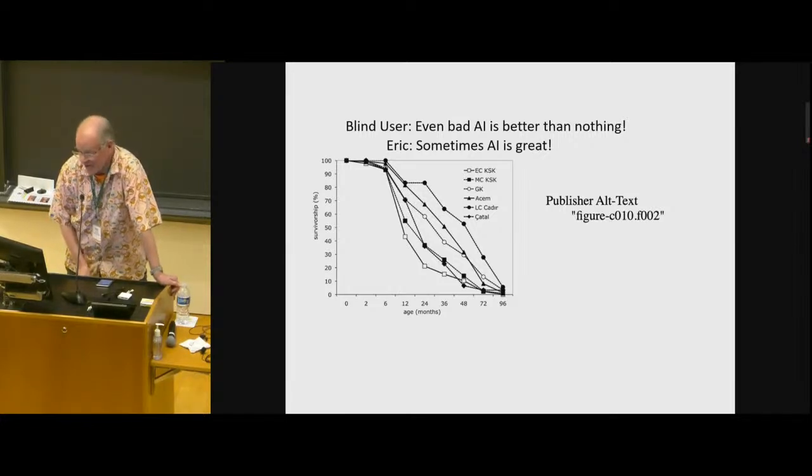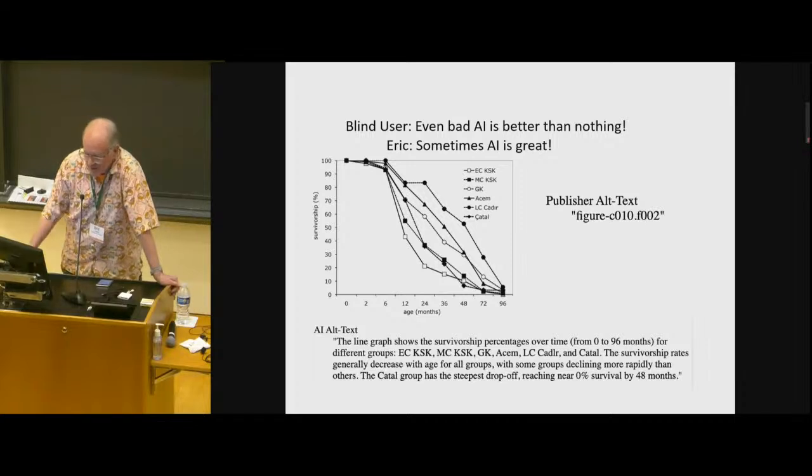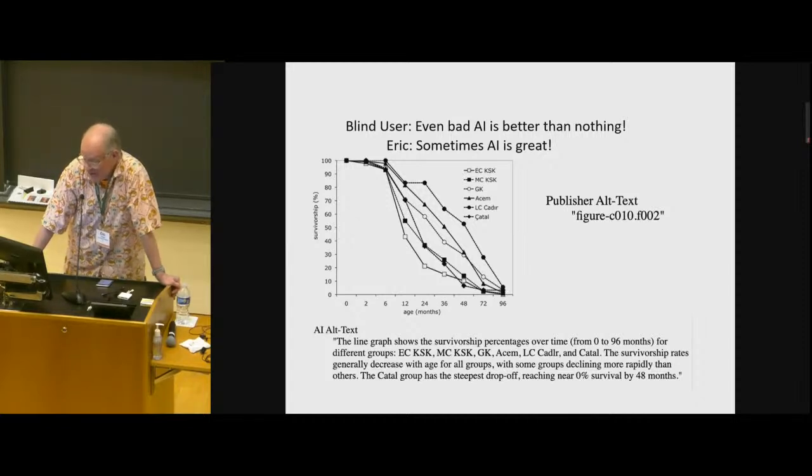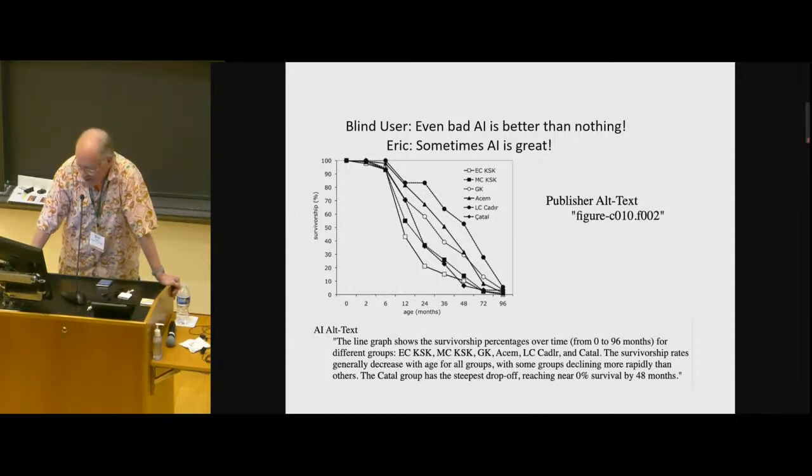Now, some publishers do a good job. This is what AI sent back. This is not even the most powerful model. The line graph shows the survivorship percentages over time from 0 to 96 months for different groups. The survivorship rates generally decrease with age for all groups, with some groups declining more rapidly than others.